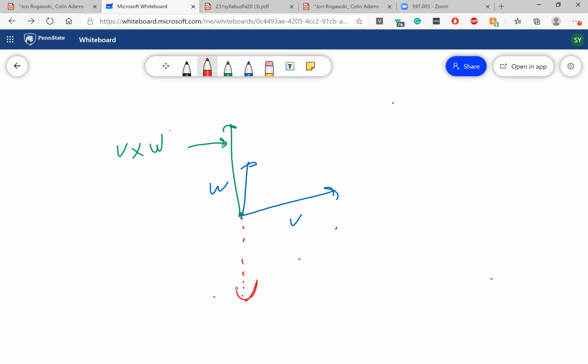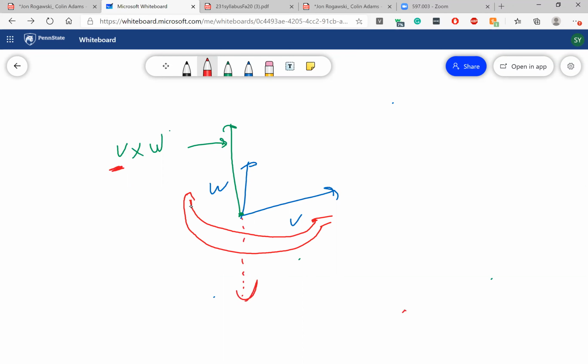And the way to do it is we look at the first vector and we can imagine a hand, and we put the fingers of our hand in that direction. So here are our fingers. And then we put the palm of our hand in the direction of w. So here is where the palm of our hand is going to be.